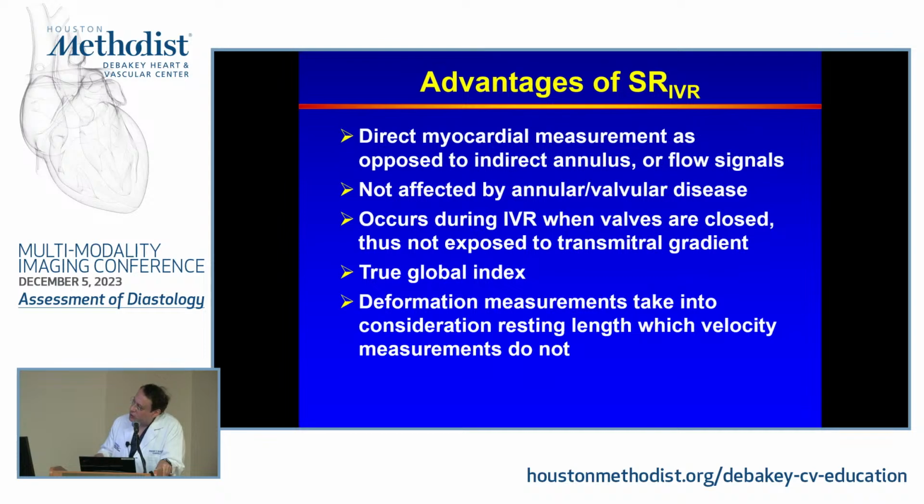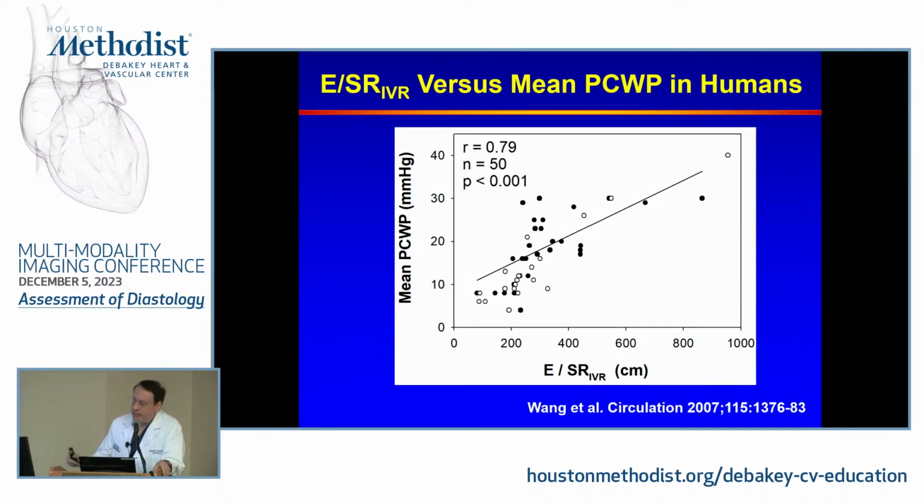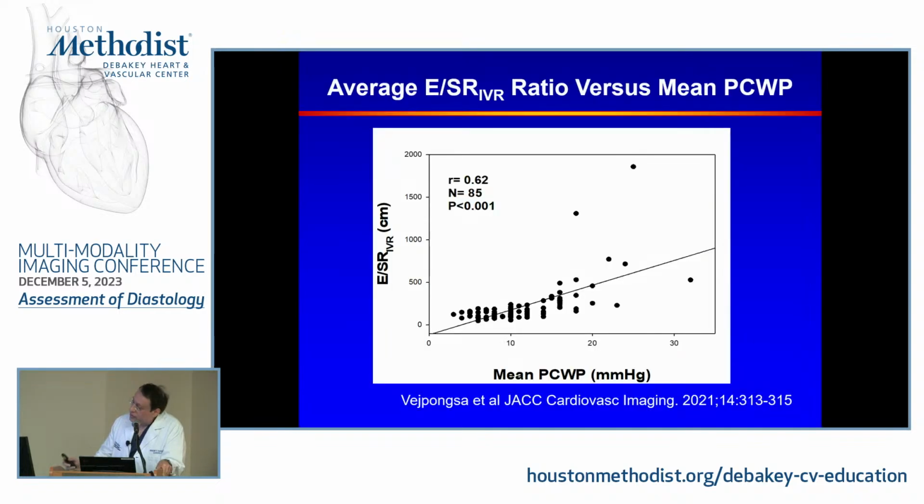It's truly a global index, and unlike velocity deformation, takes into account the length of the segment before deformation sets in. And similar to the E to E prime ratio, we can use the strain rate here. The units will be centimeters, and it relates directly to left atrial pressure.